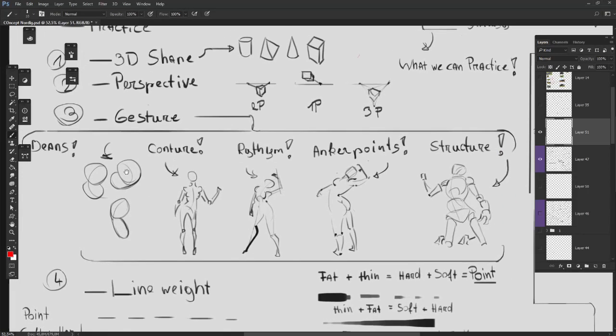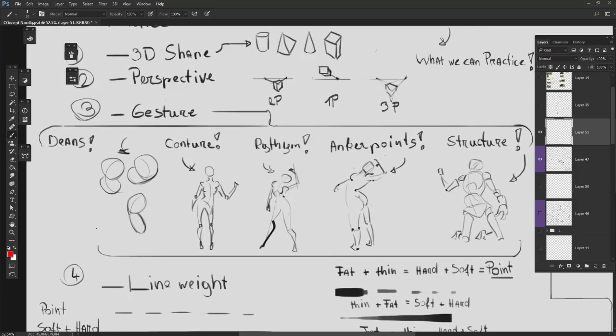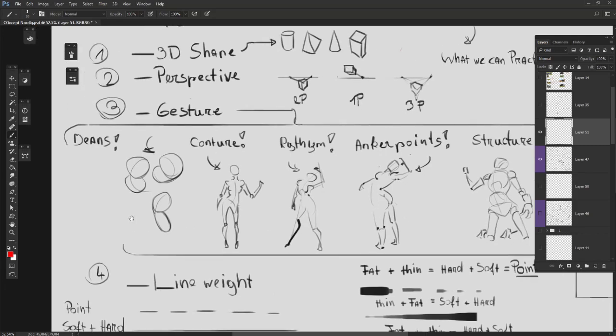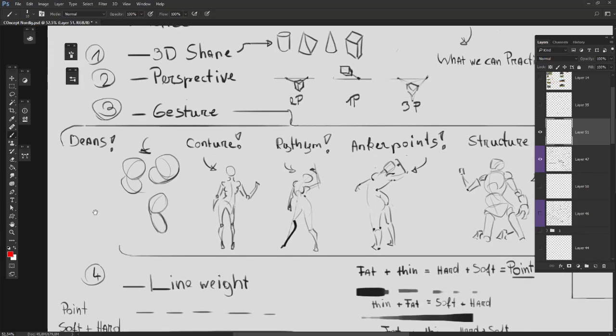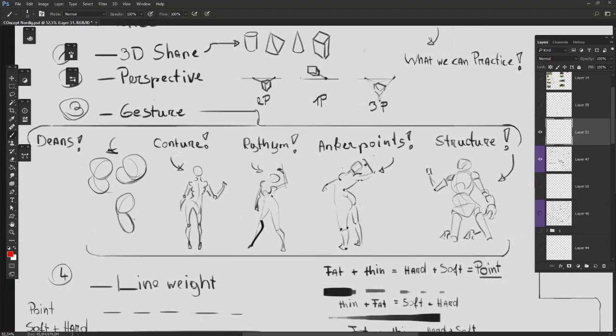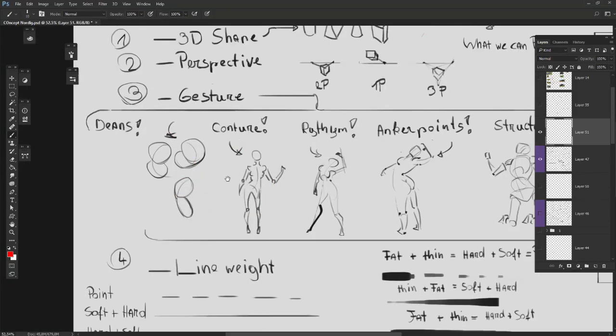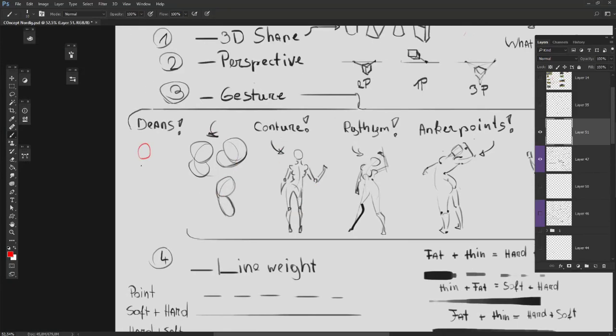But here are 5 things that you guys can totally practice each side of it, I mean, each page of it. So you have beans, contour, and by contour I mean basically having non-stop contours into that character. You create your character based on those shapes non-stop.